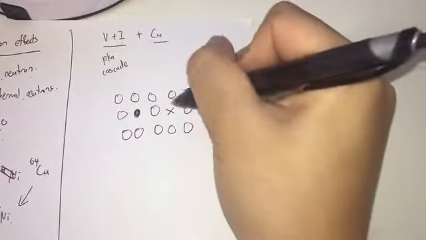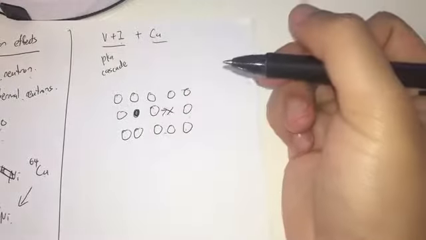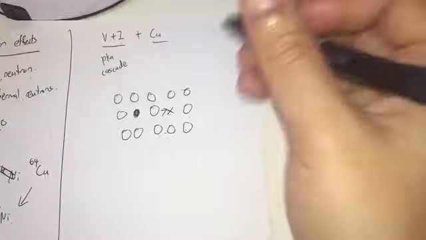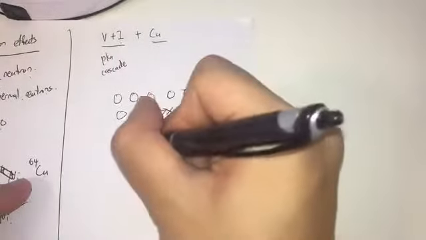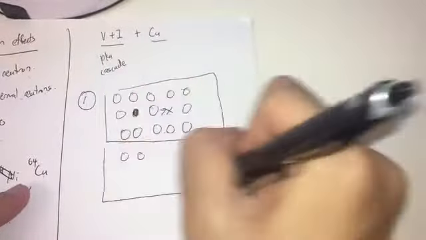Likely one of the atoms surrounding it will want to move to this spot. This is just a random process. So let's say this iron atom moves here. This is the first picture. This is our second picture.